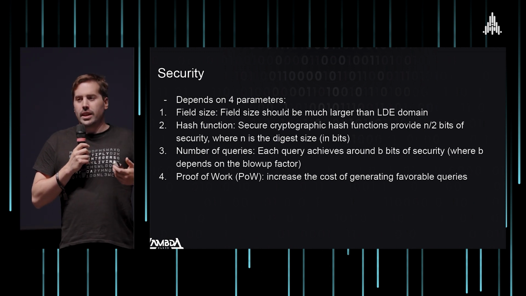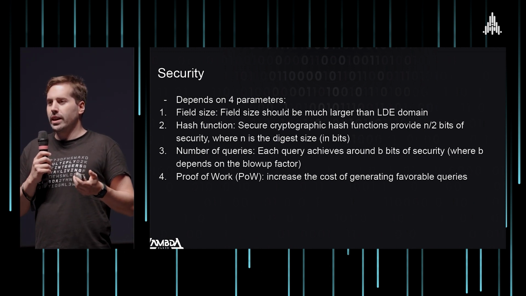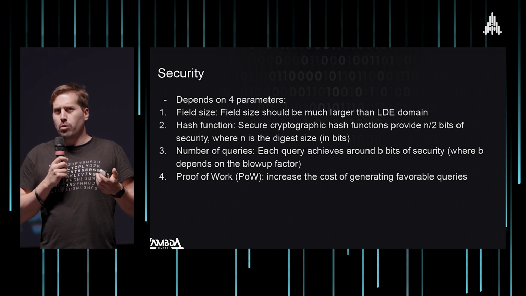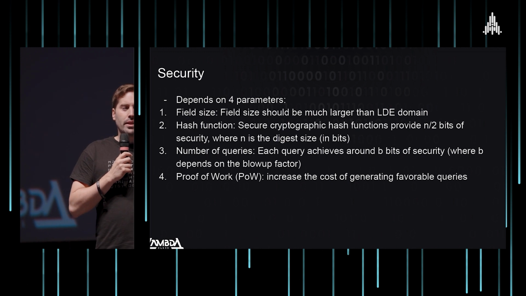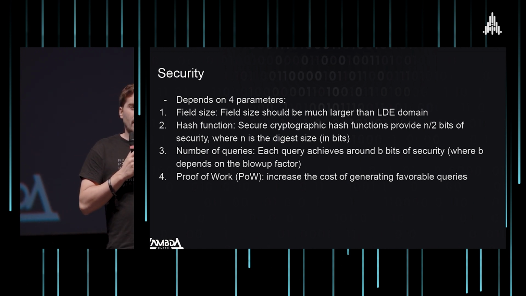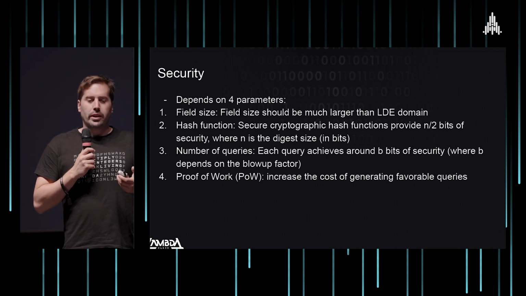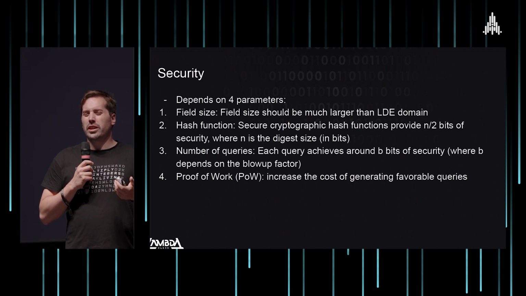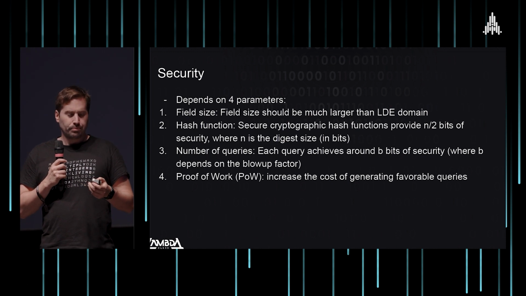Another thing is the number of queries. Each query adds some bits of security, so by adding more queries, we can increase security. And then, of course, we can add proof of work to increase the cost of a prover cheating and trying to generate favorable queries.